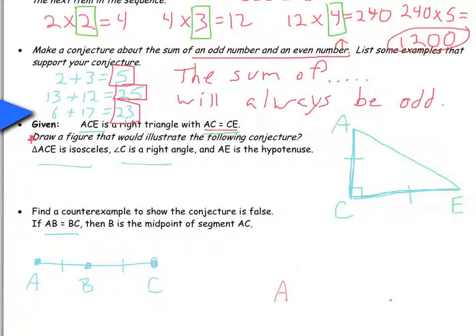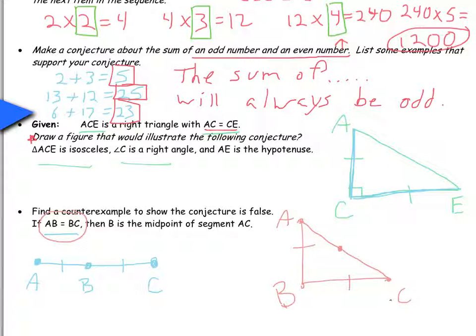Let's try that again. So we have A, B, and C. These two segments can still be equal to each other, but is B the midpoint of segment AC? That would be the midpoint. That is not B. So we have found a counterexample that shows that this conjecture, if AB is equal to BC, then B is the midpoint, is false.